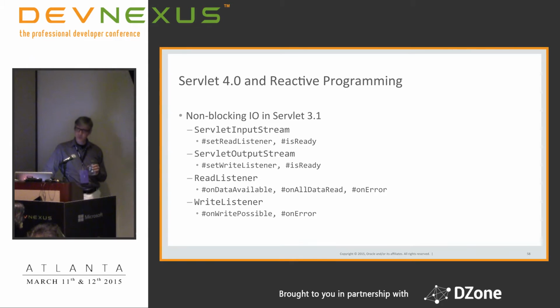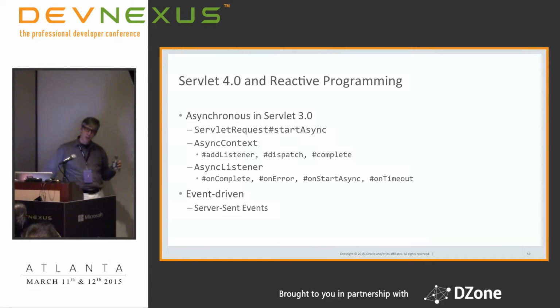3.1 was the version of Servlet that we shipped in Java EE 7. And 4.0 will be the version that's in Java EE 8. But we didn't start in Java EE 7. Even in Java EE 6, we had some asynchronous support there before the Reactive Manifesto came out. We had the whole concept of async.